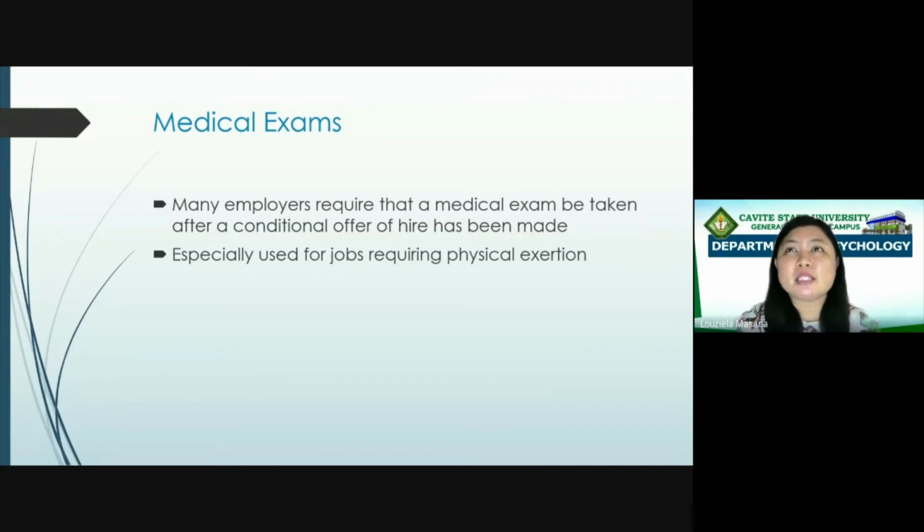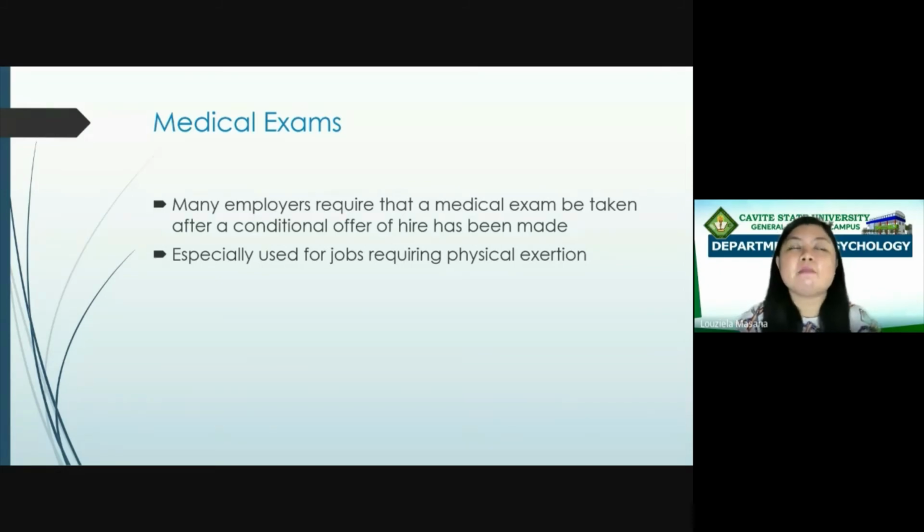Let's say, for example, isang teacher, though hindi tayo nagfe-face to face, pero kapag ang isang applicant teacher ay nalaman na may tuberculosis or TB sa medical exam, automatic, hindi siya pwedeng tanggapin.